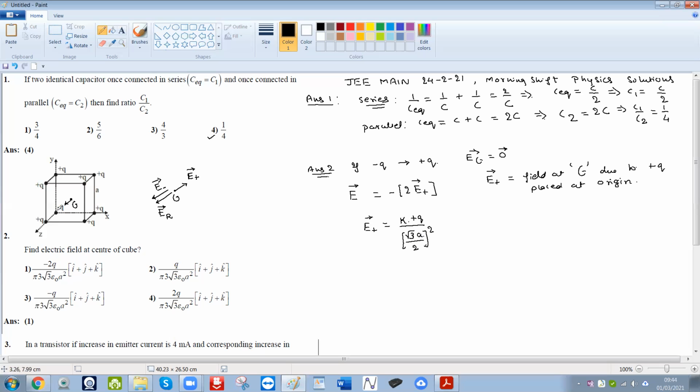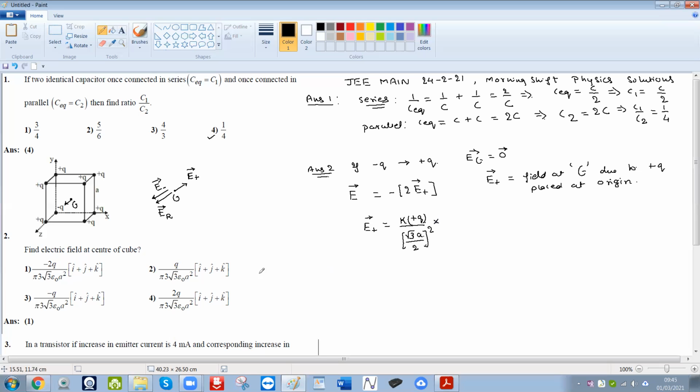Basically, length of body diagonal of the cube is root 3a. So distance between vertex and the center of the cube becomes root 3a by 2, and this gives us the magnitude of field due to a plus q charge placed at the origin.